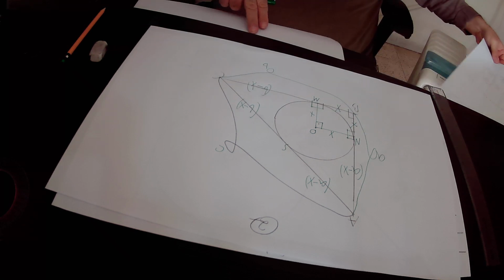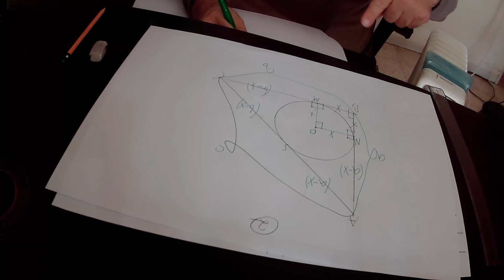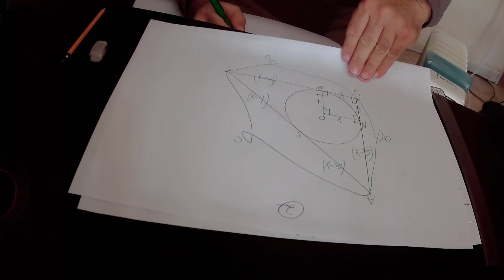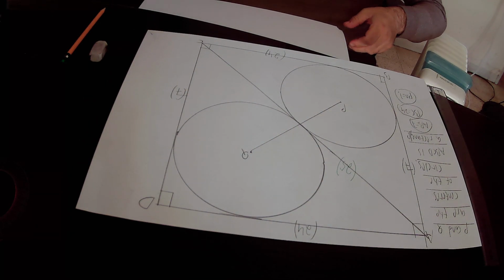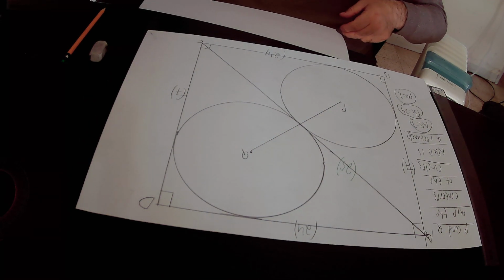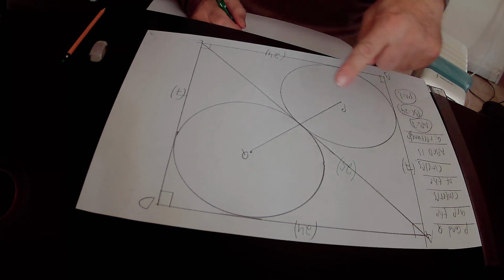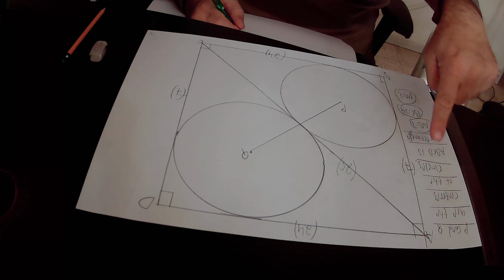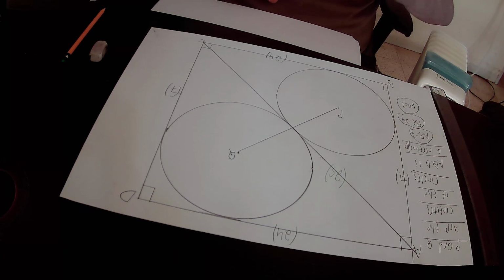So here we have this circle. This circle is inscribed or is blocked by the right triangle ABC. So we use the new formula in order to find the radius of this circle.